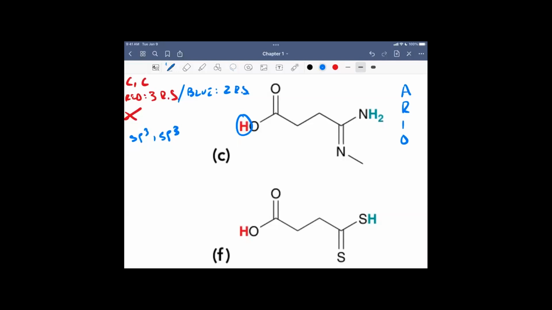Because oxygen is bigger and it's more electronegative than nitrogen. If we want to go down the list, resonance doesn't play a factor because if you already have a difference in that A, that outranks anything else. It doesn't look like we have any induction factors or any orbitals directly connected to those hydrogens. So that hydrogen connected to the oxygen will be more stable than the hydrogen connected to the nitrogen.